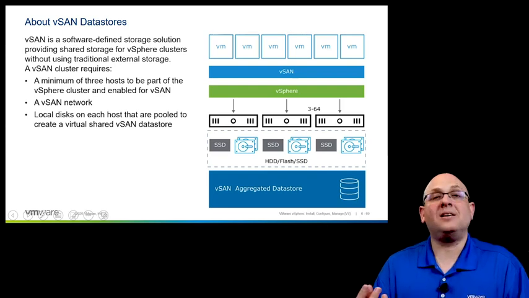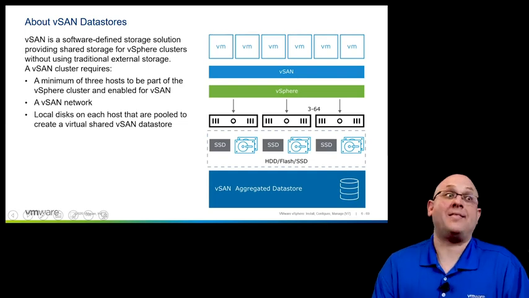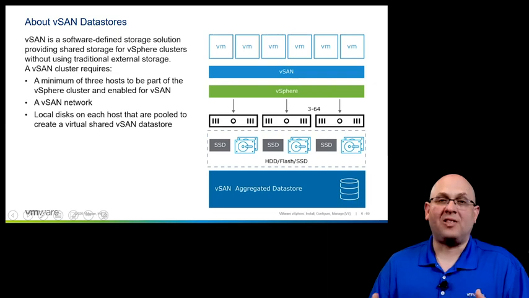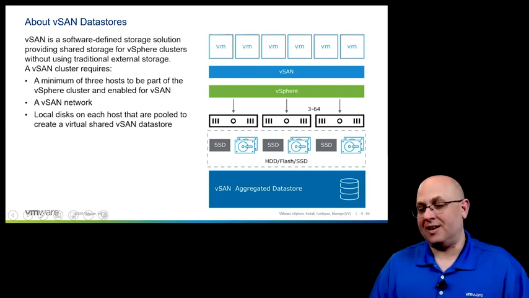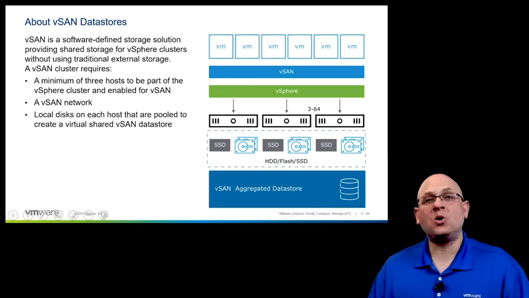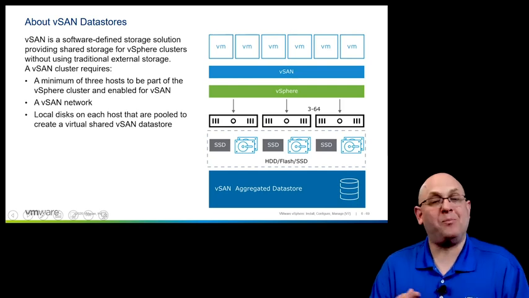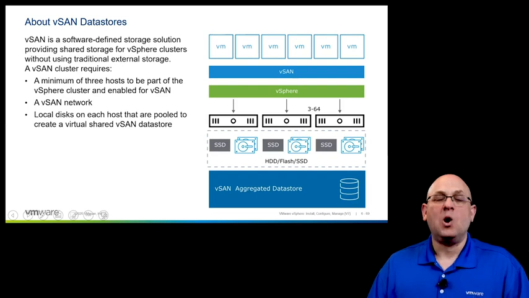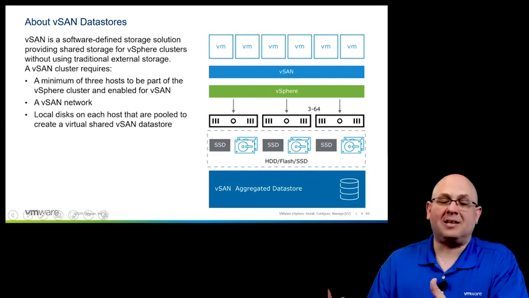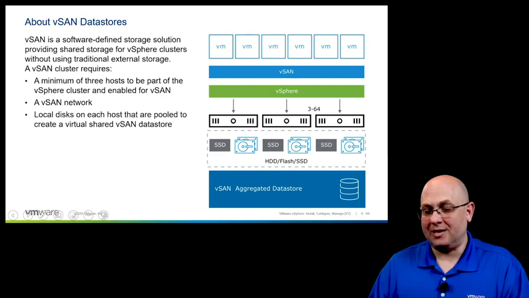The capacity devices across the cluster can be either spinning, and they all have to be spinning, or they can be solid state or flash devices, in which case they all must be flash devices. We can call it an all-flash vSAN data store, or we can call it a hybrid vSAN data store, where we have the cache devices as solid state devices and the capacity devices as spinning disks.